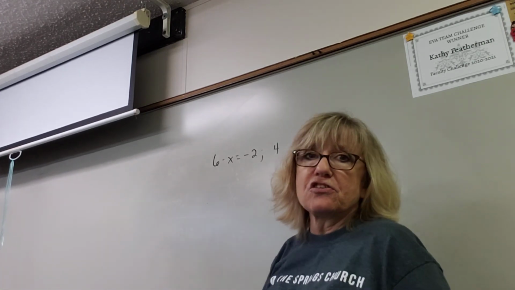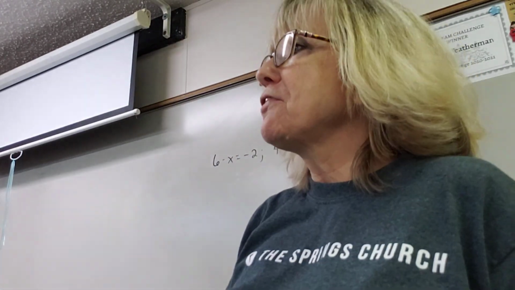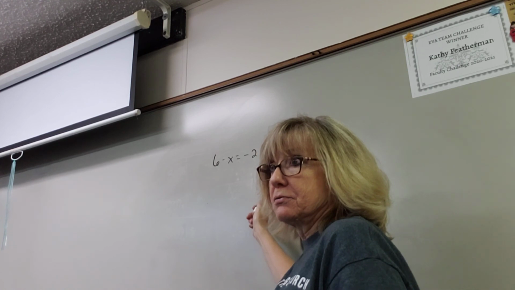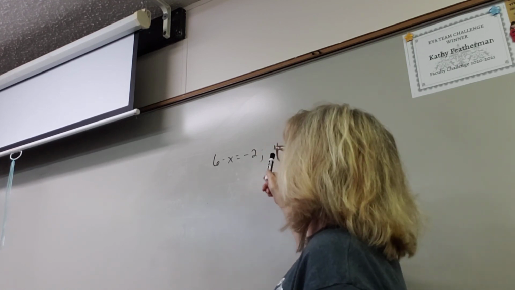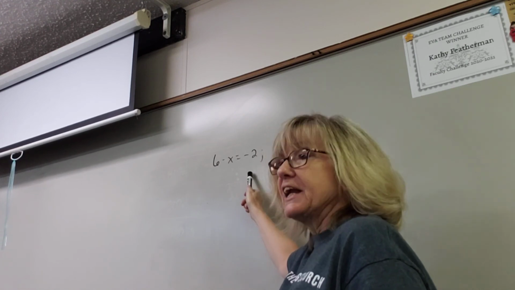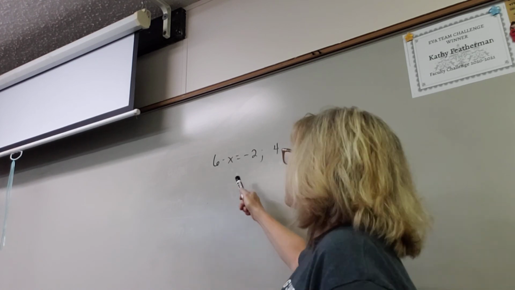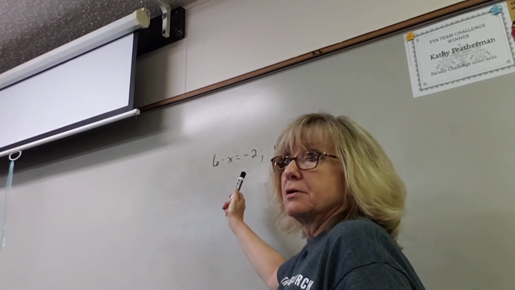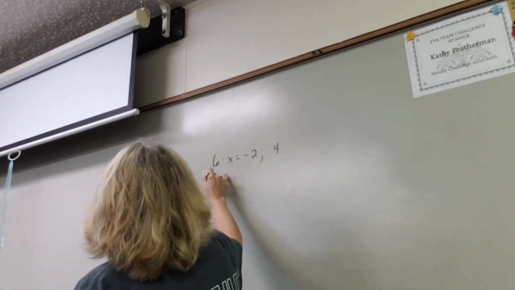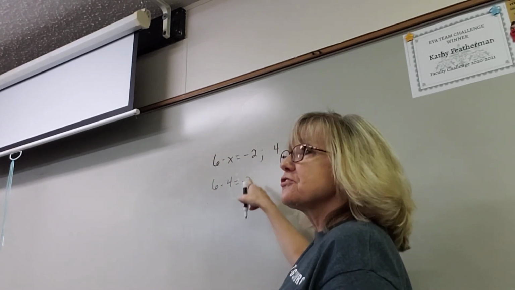That's what they're asking you to do. You're going to have problems 12 and 13 that are those types of problems. And it's just going to be a yes or no answer. Because what they're asking you is, is 4 a solution? It either is a yes or a no. In this case, what is the answer? No, it is no, right? Because if you put 4 in, you'd have 6 minus 4. It does not equal -2. So this answer is no.